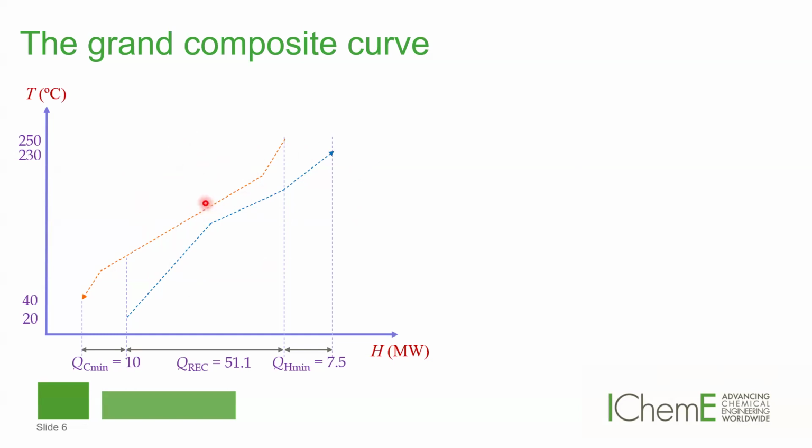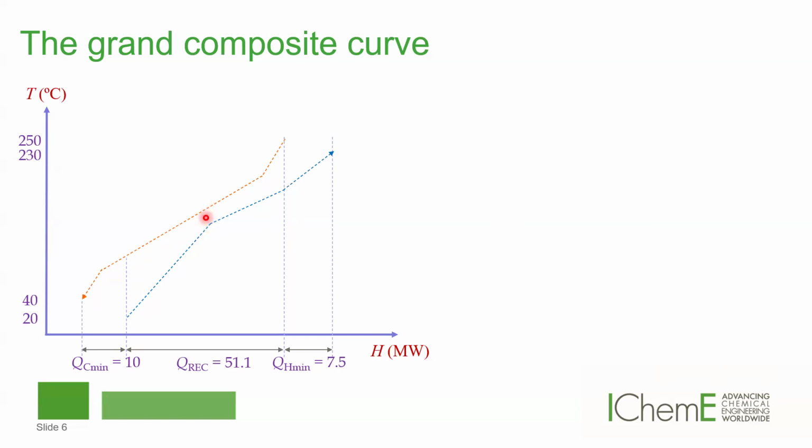Today, we will plot the grand composite curve. And in order to do so, we have to shift the hot and cold composite curves close to each other so that they would be touching at this pinch point. Previously, the composite curves are apart by 10 degrees Celsius at the pinch point.